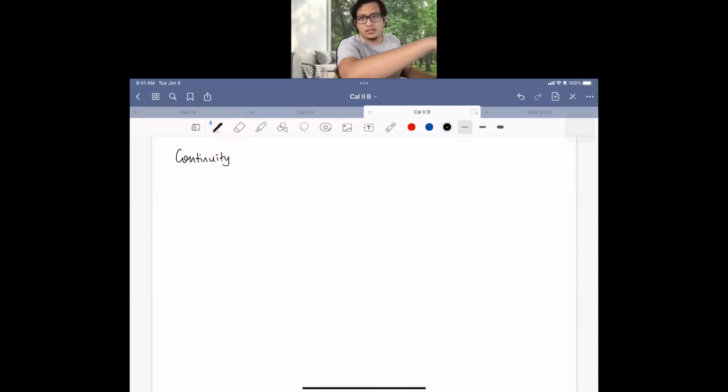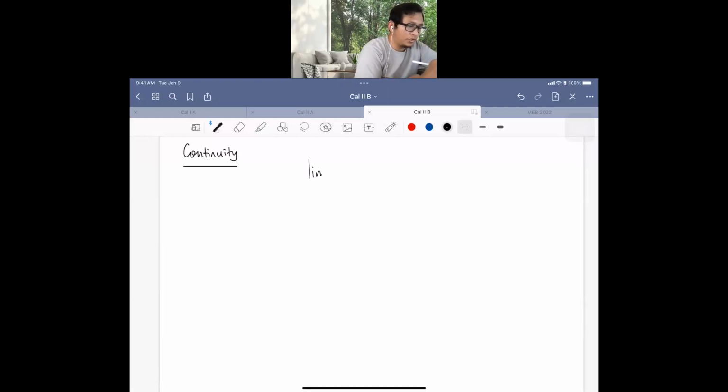Let me write here. We remember in calculus 1 that when we know the limit exists, it will be continuous when it's equal to the value at that exact point.